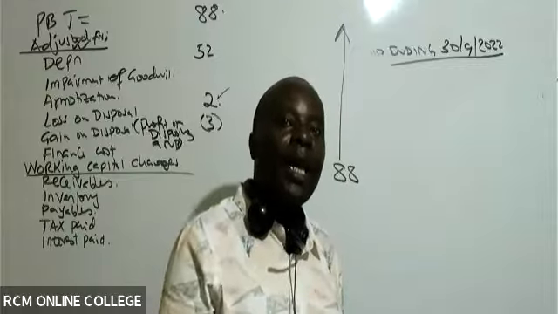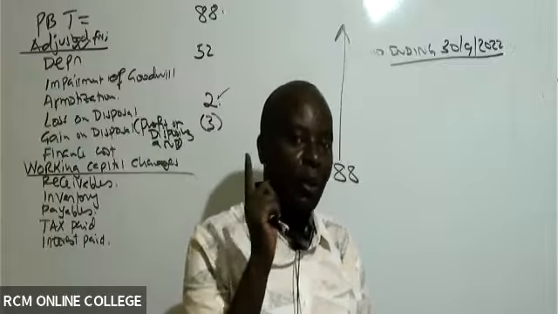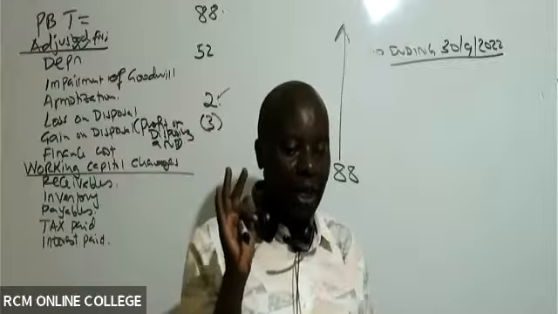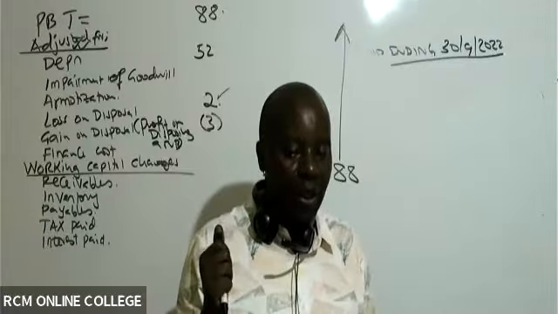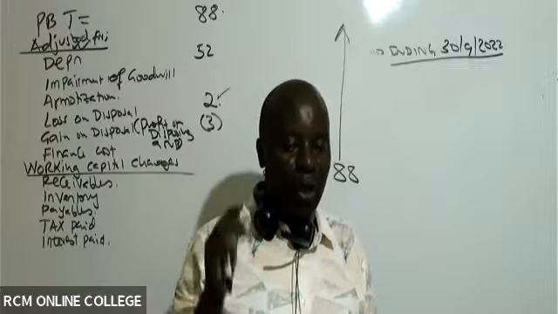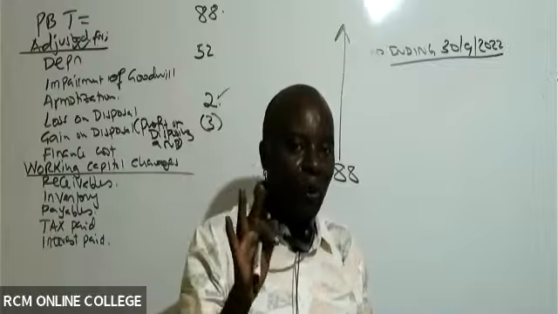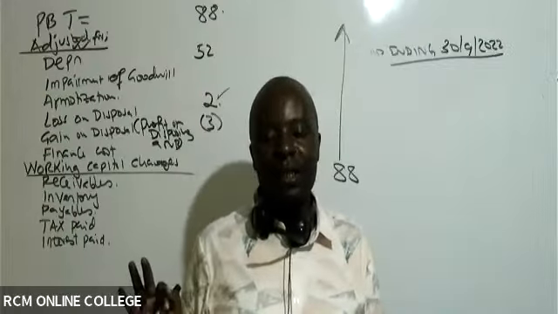When we started, I gave you 3 operational things. Are you able to remember those operational items that I gave you? There are only 3 operational items. We have revenue, we have cost of sales, and then we have operating expenses. There are only 3.